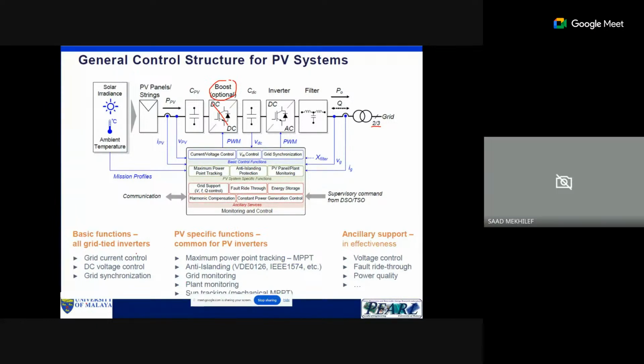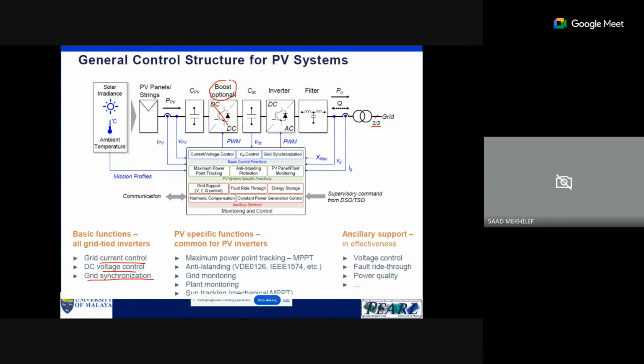In these grid connected PV systems, there are some basic functions for the grid connected inverters. First one is the grid current control. That is a must, because it determines how much current you inject. Then DC voltage control. You can see here the VDC, and then we have the VDC control. Then we have grid synchronization.